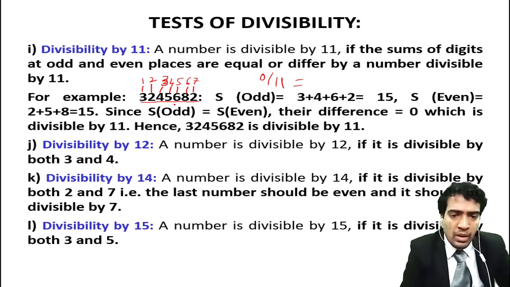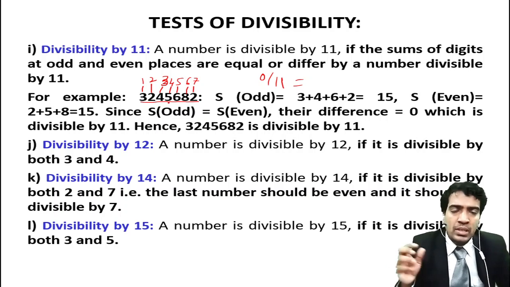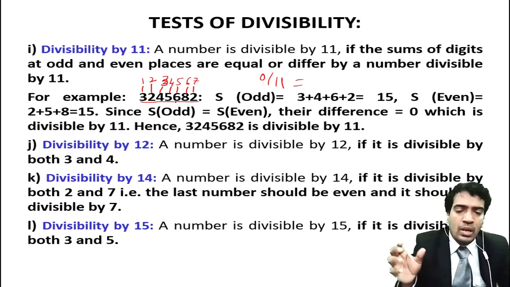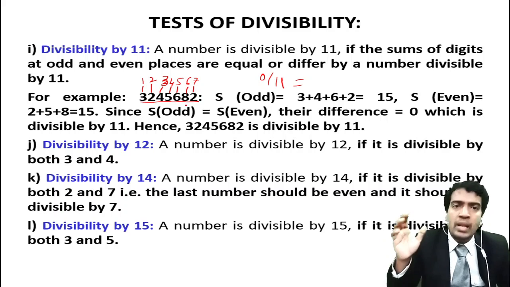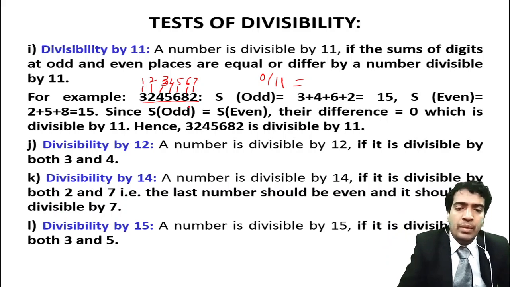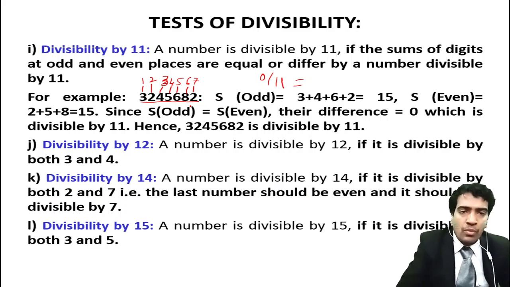Here this number, 32,45,682, because when you take the difference between the sums of the digits in the odd position and the even position, it gives the answer 0, then also you would say that the number is divisible by 11. It should be either 0 or a multiple of 11. We hope you understood what I'm trying to say.